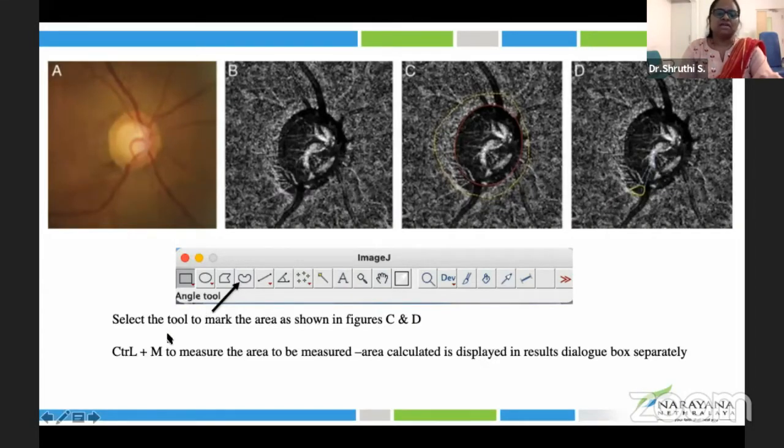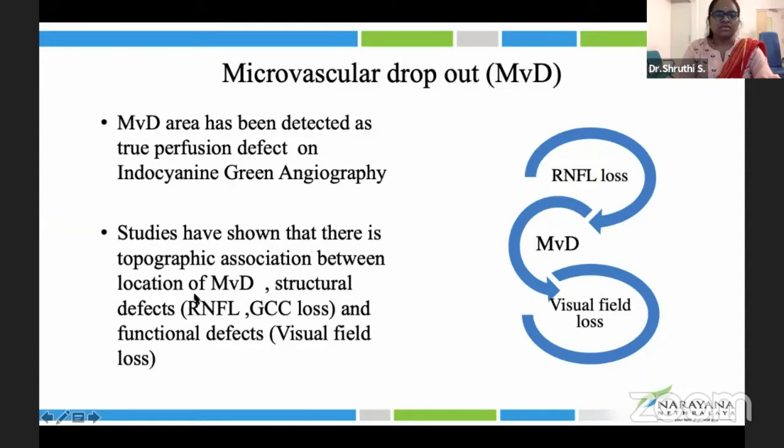Then press Ctrl M to measure the area. The area calculated is displayed in the results dialog box separately. We can also see the angular width of the dropout area, which can be measured using the same software with this tool. Microvascular dropout area has been detected as a true perfusion defect on indocyanine green angiography.